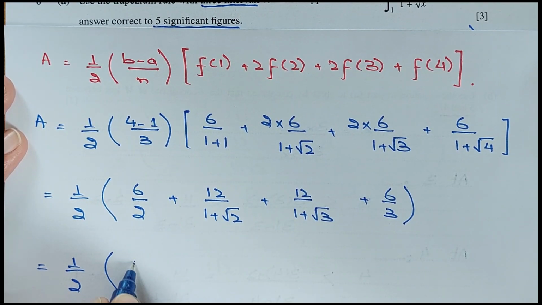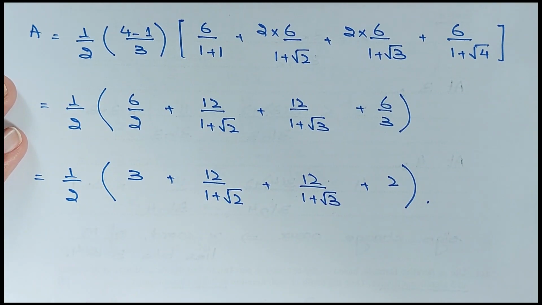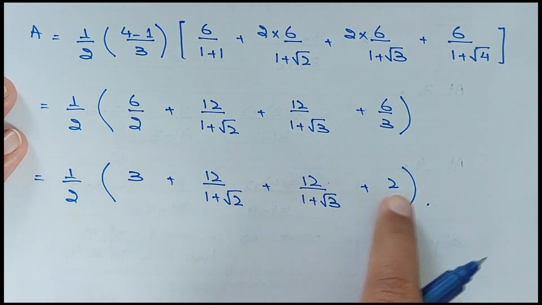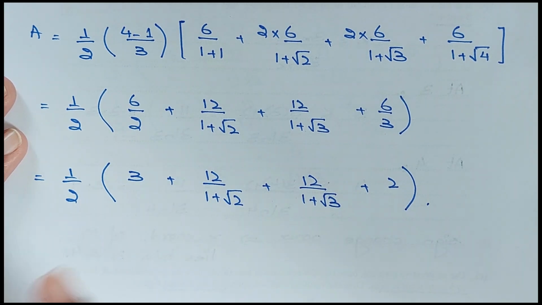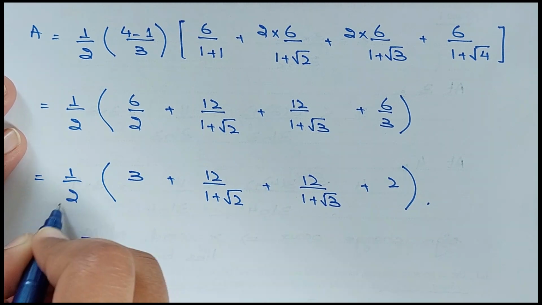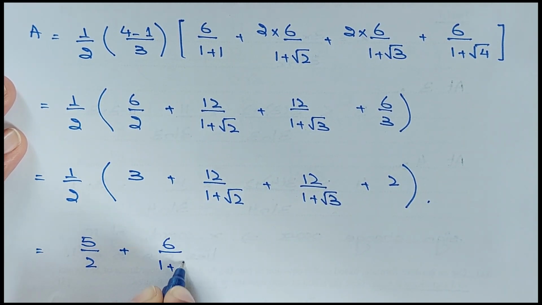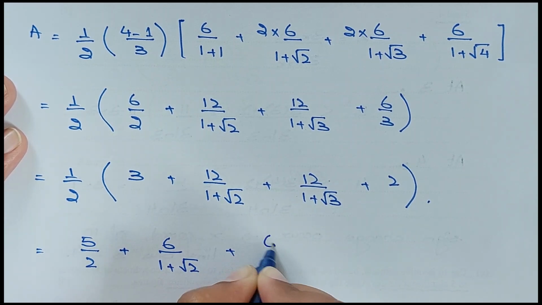This is 2 times 3 is 6, plus 12 over 1 plus square root of 2, plus 12 over 1 plus square root of 3, plus 2. Right. Okay, so this would be 3 plus 2 makes 5, and 5 by 2, plus 2 times 6 is 12. So we have 6 over 1 plus square root of 2, plus 6 over 1 plus square root of 3.